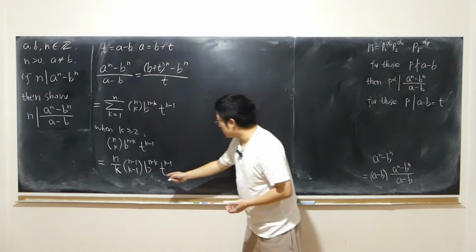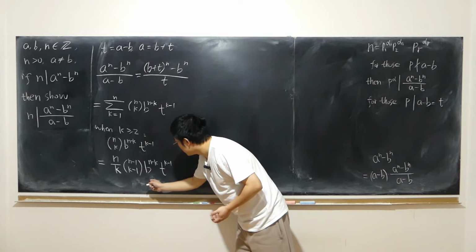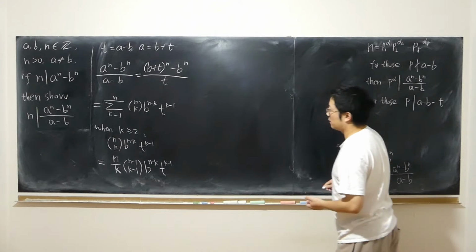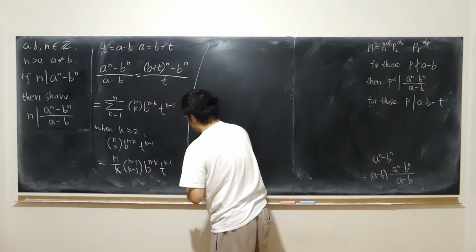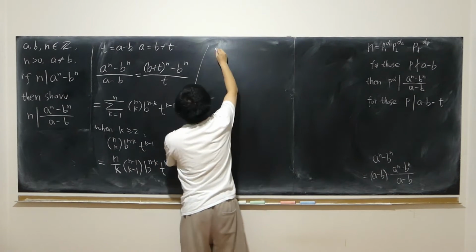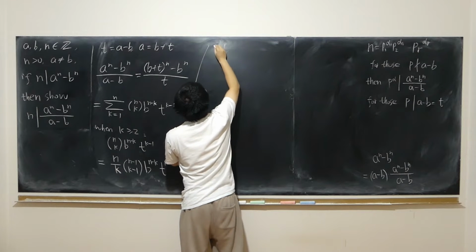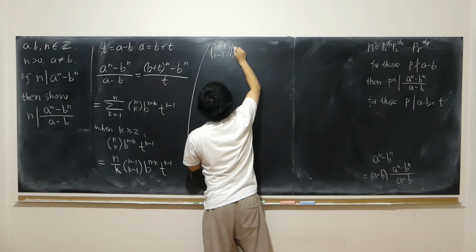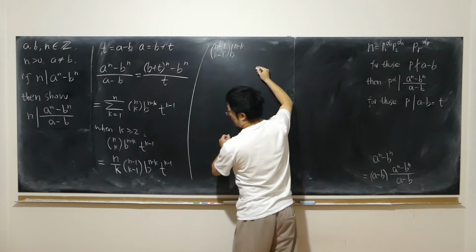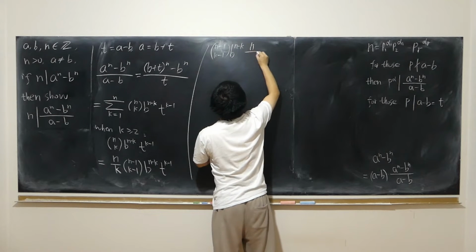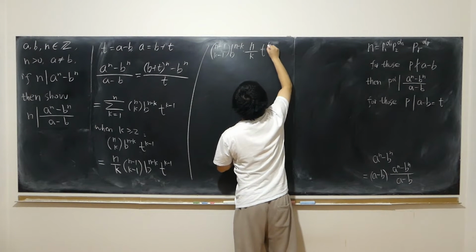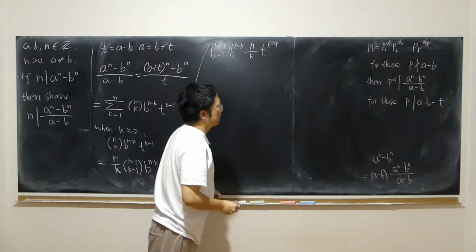First of all, I'm going to copy the middle terms and then rewrite n, k, and t. Copy those terms: n minus 1 choose k minus 1 times b to the n minus k times n over k times t to the k minus 1.